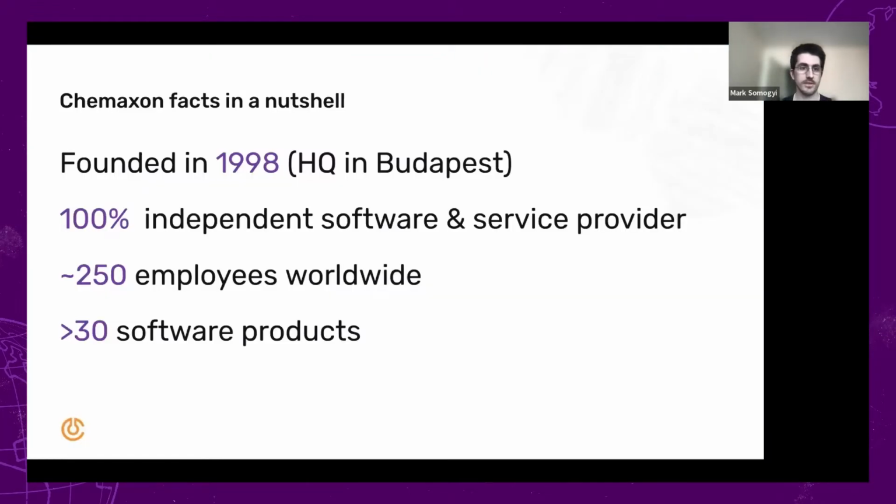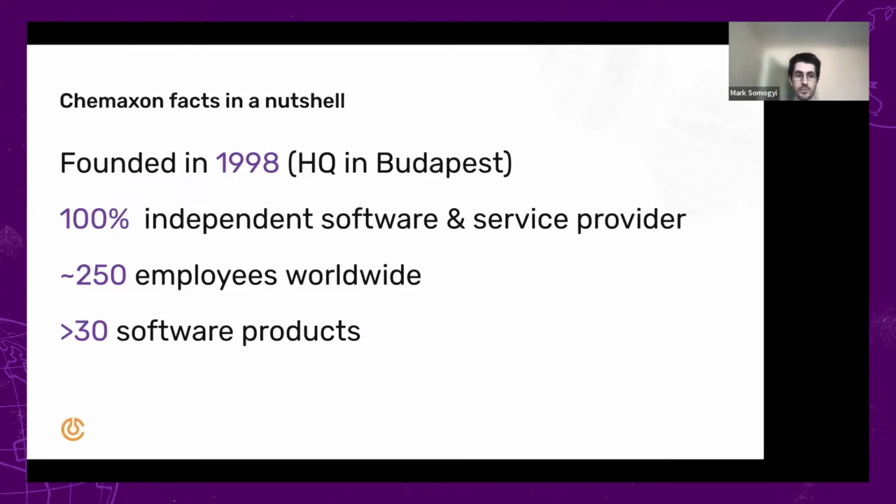As I promised, I will start by outlining some facts about our company. Chemexus is a leading cheminformatics and bioinformatics company founded in 1998, with headquarters in Budapest. We also have a couple of other offices worldwide in the US, Switzerland, and the Czech Republic. Our company is 100% privately owned, and it now counts more than 250 employees worldwide.